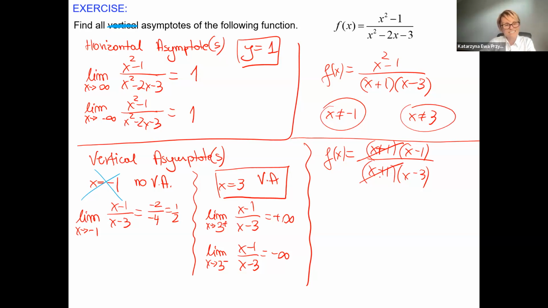Does this function have a slant asymptote? This is supposed to be my first question. x squared, the degree, yeah, no, thank you. And actually, if the function has a slant asymptote, it will not have horizontal. If we have a horizontal asymptote, then there's no slant.